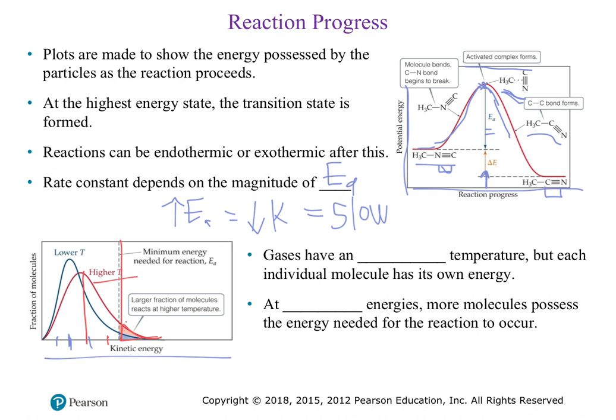This is just saying that all gases have an average kinetic energy, but each individual molecule has its own energy, which will just be somewhere in that plot. And because of higher temperatures, we're going to have more molecules that can get over that energy barrier, and our reaction will take place.